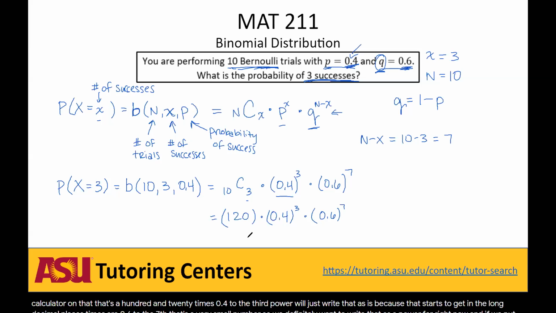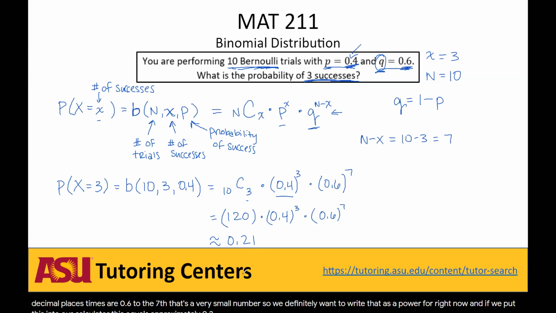And if we put this into our calculator, this equals approximately 0.21. So the probability of 3 successes is approximately 0.21, or 21% if you need it in terms of percentages. So that's our answer.